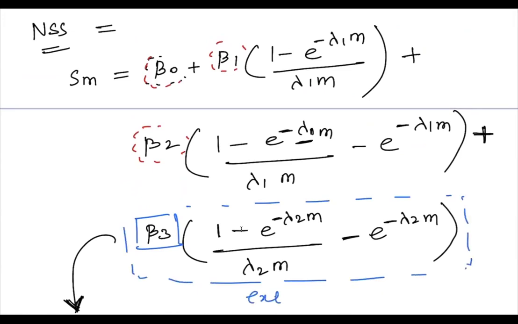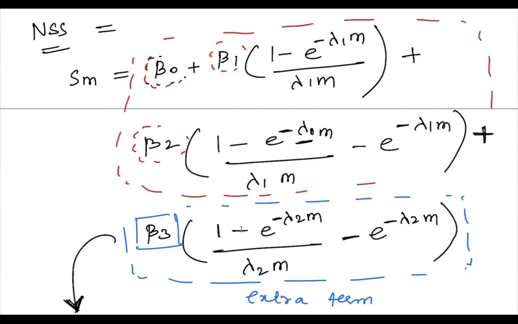The one marked in red was already our Nelson Siegel model, and basically we added this, and effectively it became Nelson Siegel Svensson.